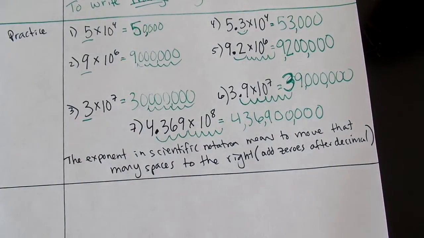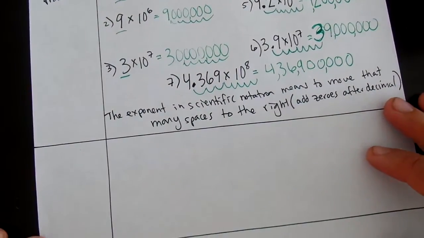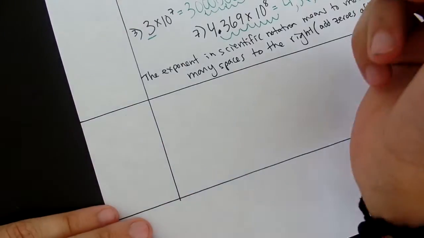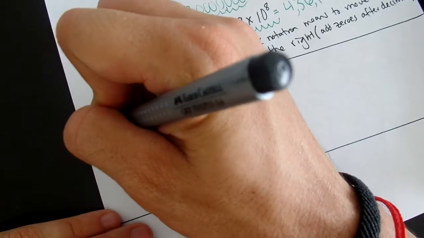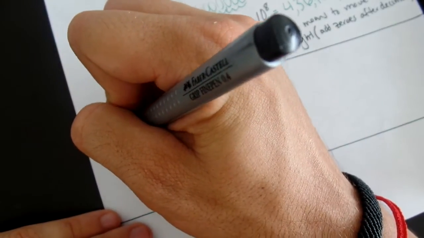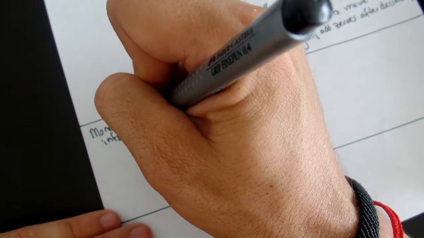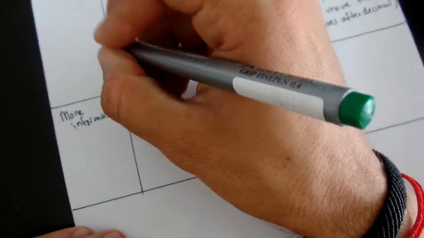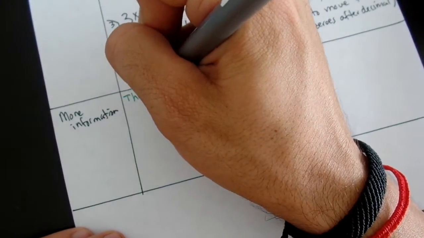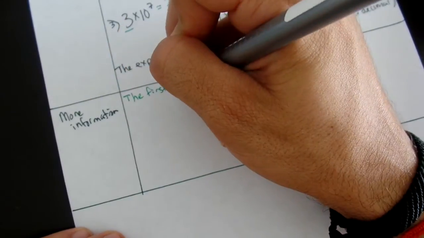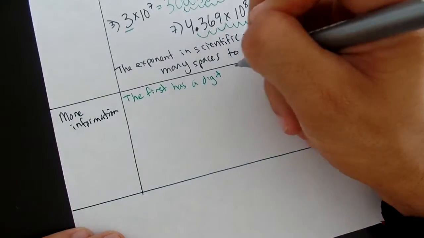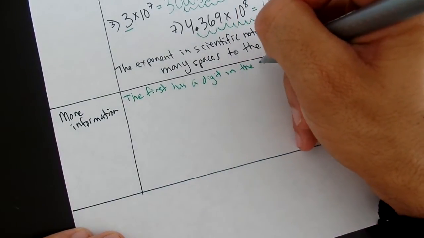The next part is going to be a little confusing. We're going to go quickly and then do some practice with it. We'll just say more information. I'm going to write it in words and see what it says. The first number has a digit in the ones place.